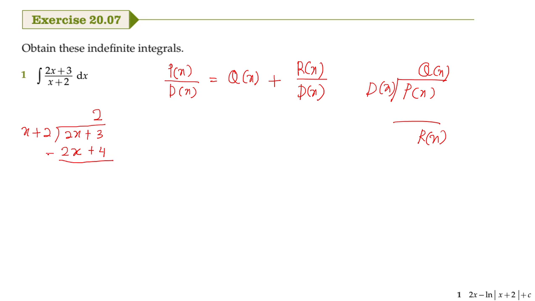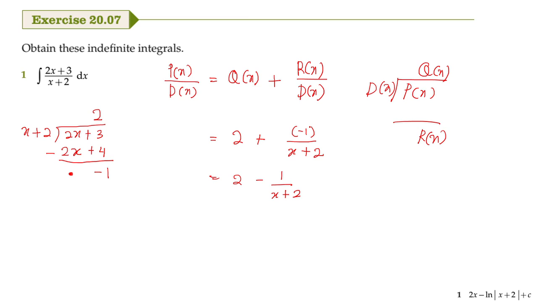And then subtract these two. 2x minus 2x is 0. 3 minus 4 is negative 1. So in the quotient plus remainder, what do we have? Yes, correct: 2 plus your remainder negative 1 over x plus 2. Simplify, you get 2 minus 1 over x plus 2.